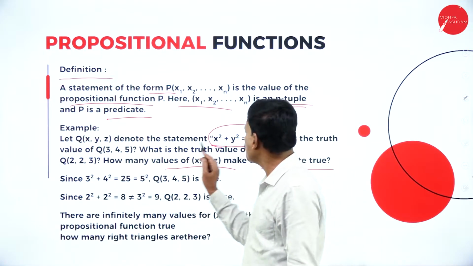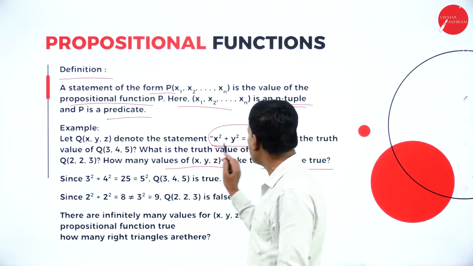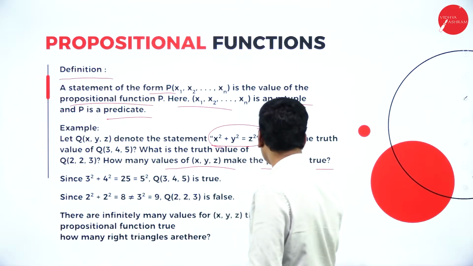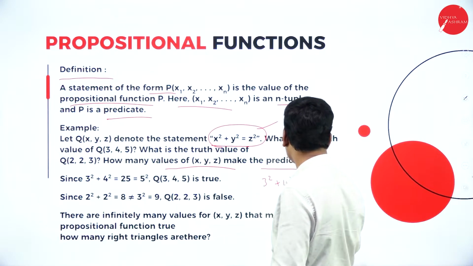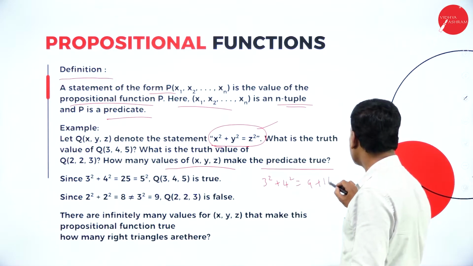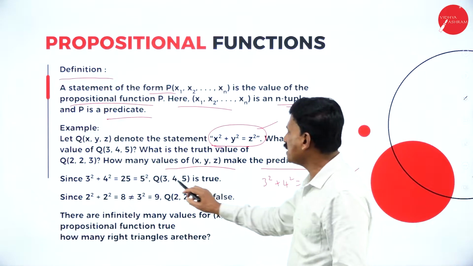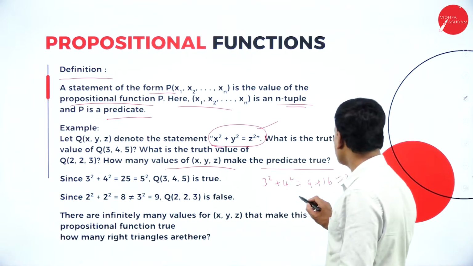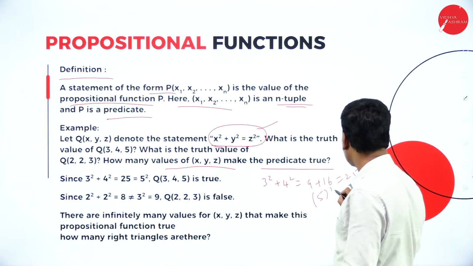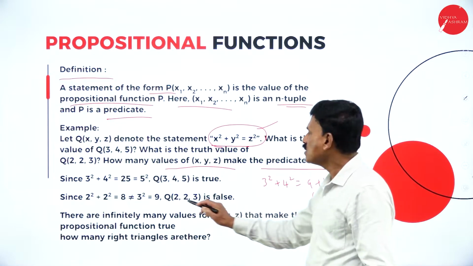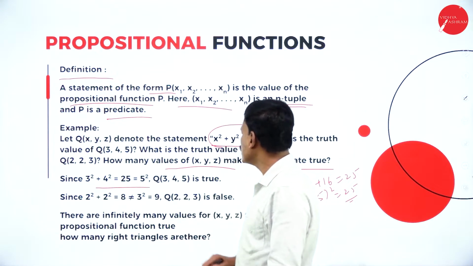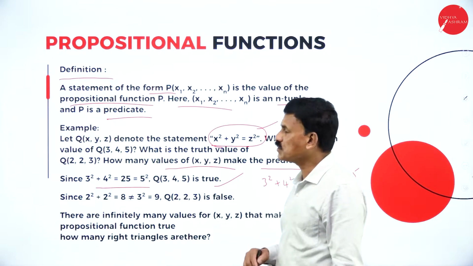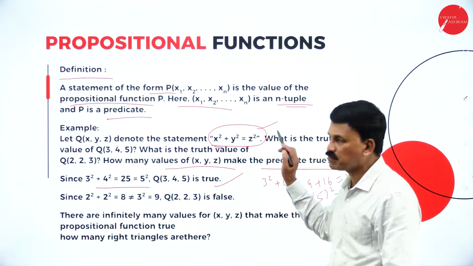So 3 square plus 4 square is 9 plus 16, that's equal to 25. On the right hand side, z is equal to 5, and 5 square is also equal to 25. So 25 is equal to 25. Therefore, the value of Q of 3, 4, 5 is true.